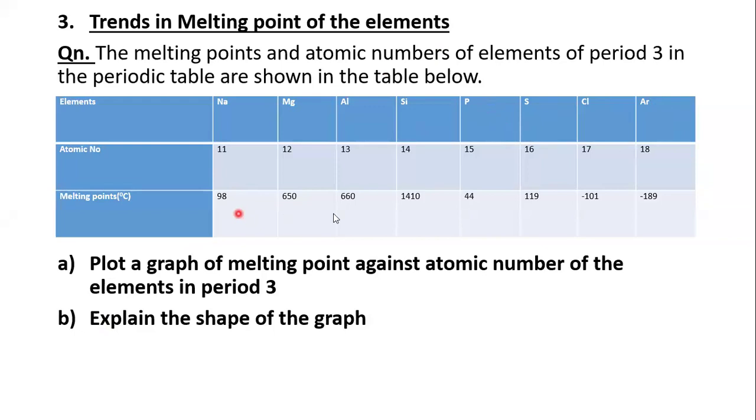But even from the data given here, you can see that it's increasing up to silicon, then decreases. But this decrease had some abnormalities, where sulfur is having a higher melting point than phosphorus. And also here it is increasing.